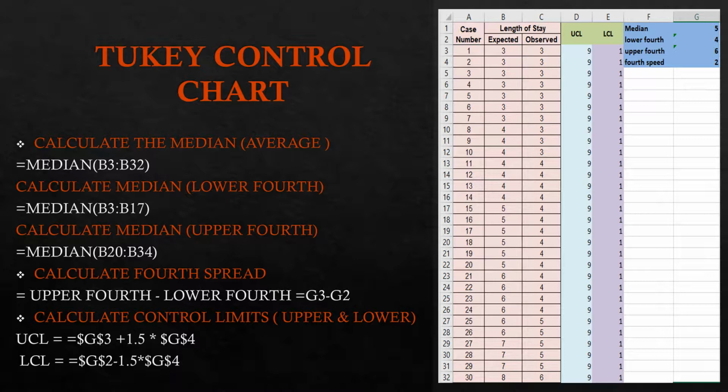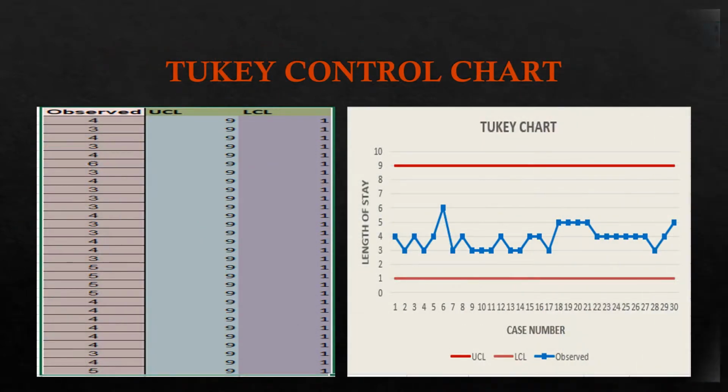After that, calculate the fourth spread, which is the difference between the upper and lower fourth. Then calculate the control limits. So, here is the Tukey control chart, which is used to plot the data.